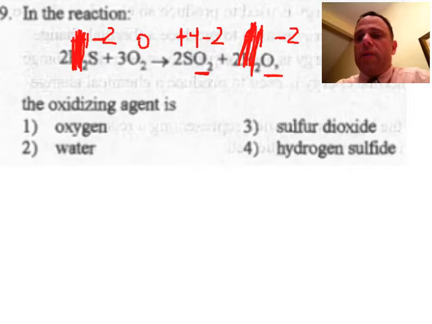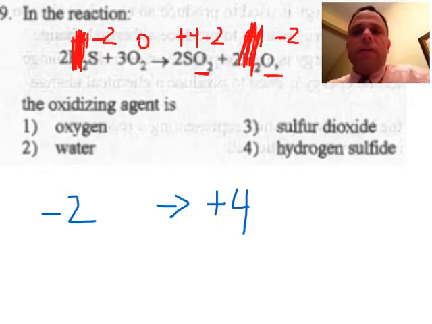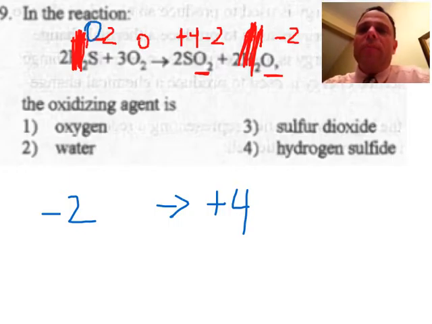So what is happening to the sulfur? The sulfur on the left side is going from a -2 to, on the right side, a +4. Its number is significantly increasing. The sulfur is oxidizing. I'll put an O on top, which means it must be behaving as a reducing agent.